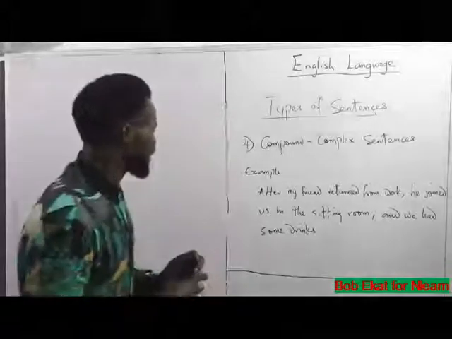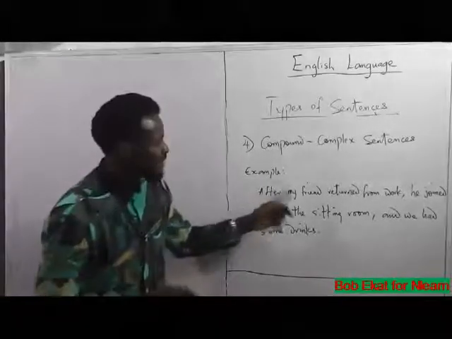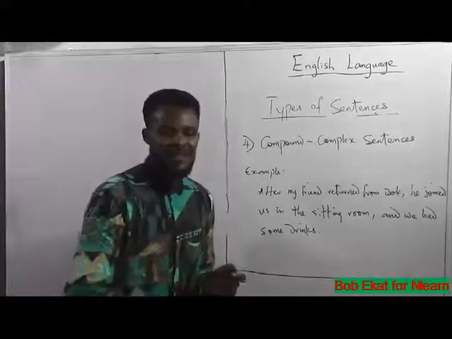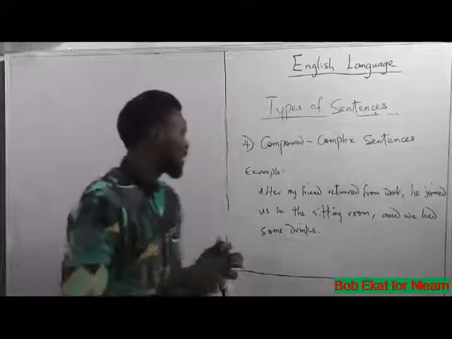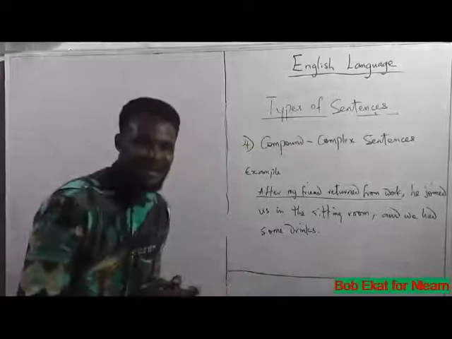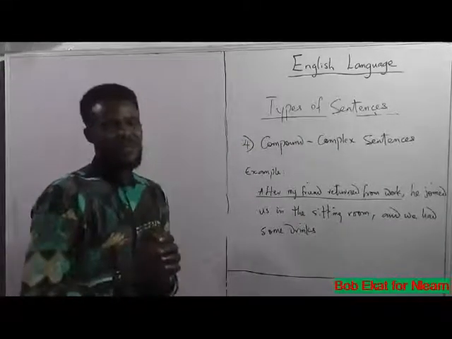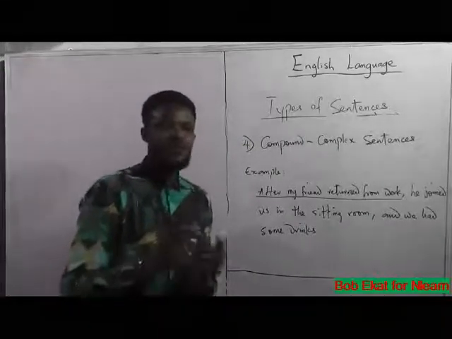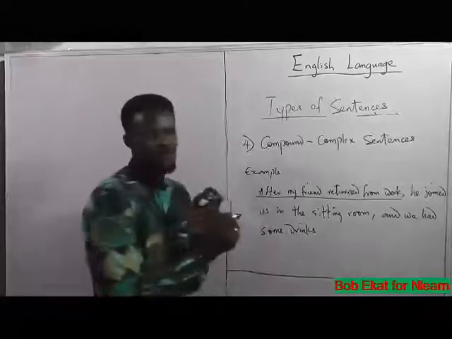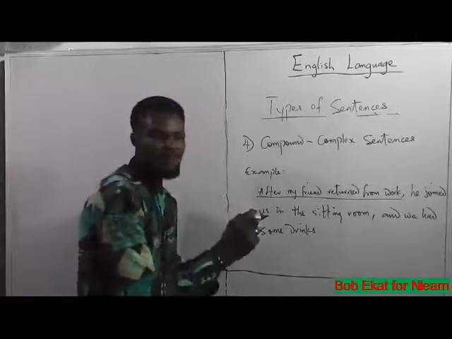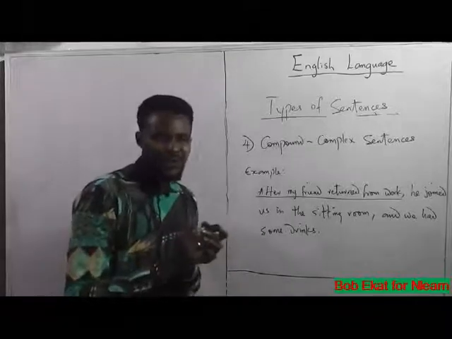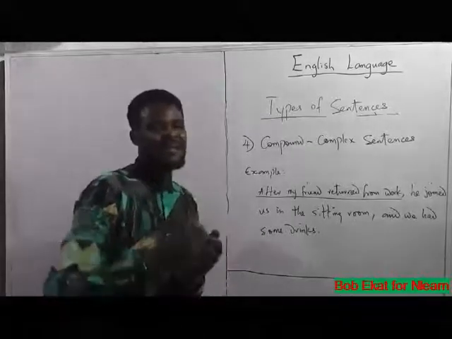An example is this: after my friend returned from work. This here is a dependent clause. Like I said initially, when you have a clause that starts with after, when, before, if, so, you should know that that clause is dependent.